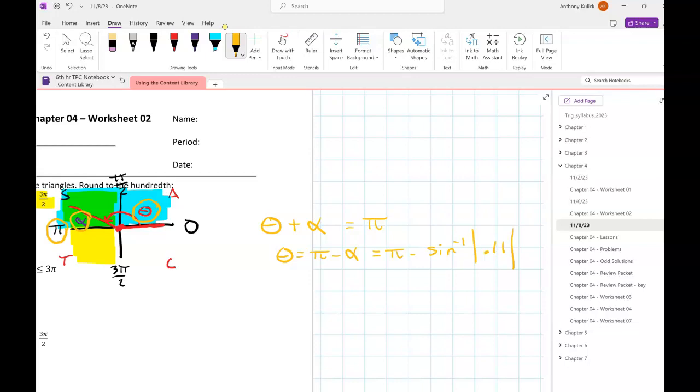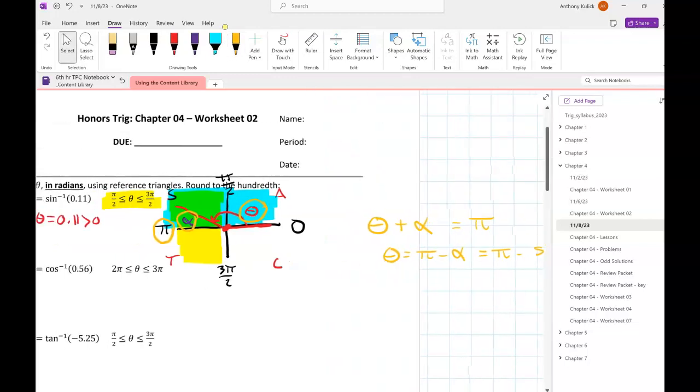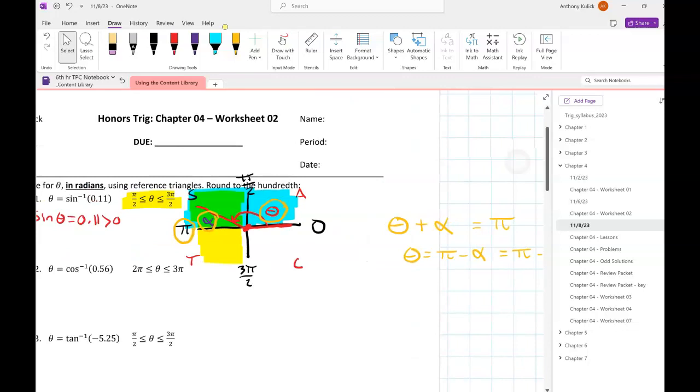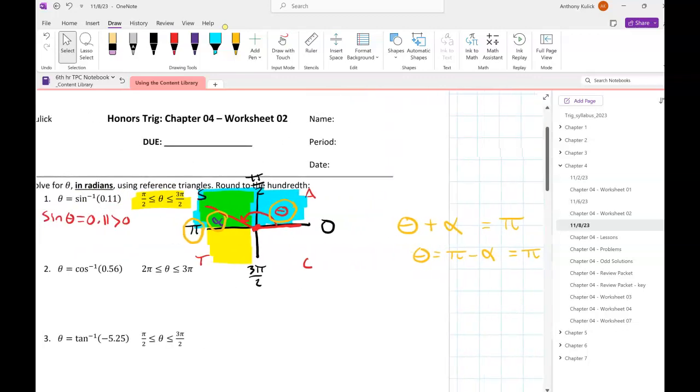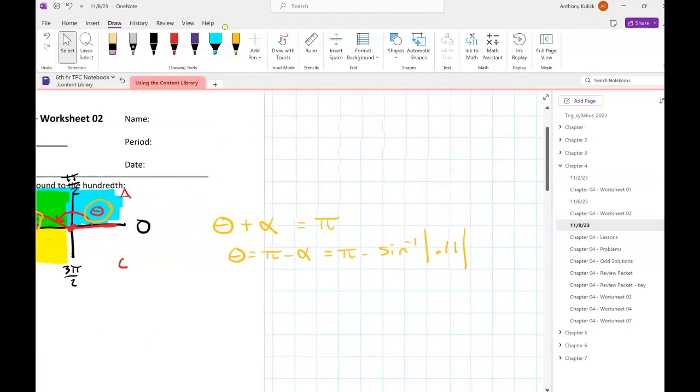Yes. So since the problem was a sine problem, we're doing sine inverse. Because sine theta equals 0.11, we're doing the absolute value of 0.11. So that's what I'm going to type into my calculator now.